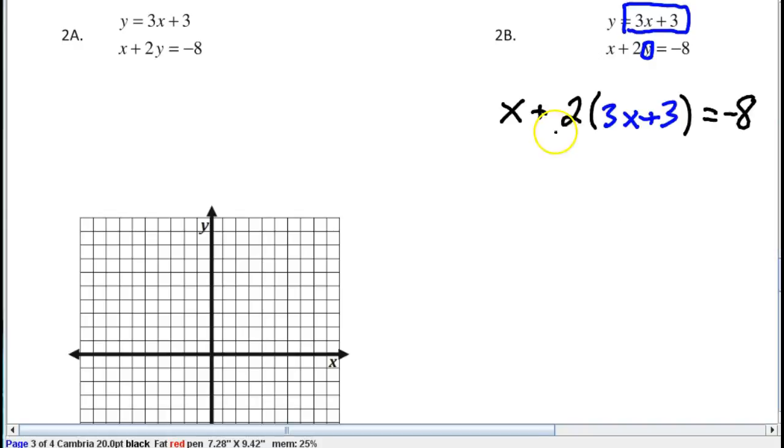Have to solve this. Now give me what the first coordinate is, the x. We get 2 times 3x, right? And 2 times 3. Bring down everything else. Down the x plus and the equals negative 8.